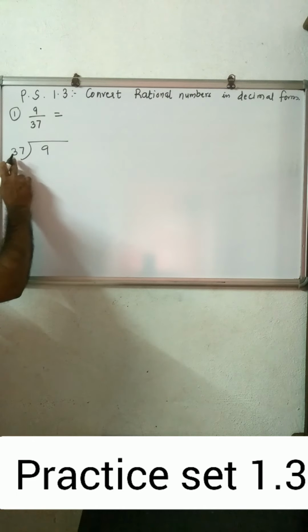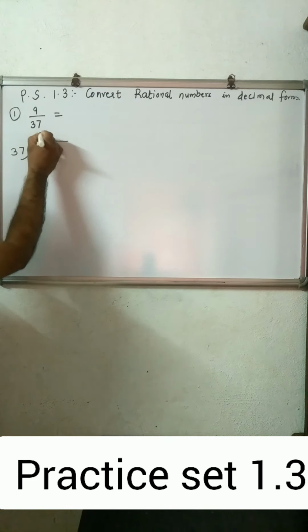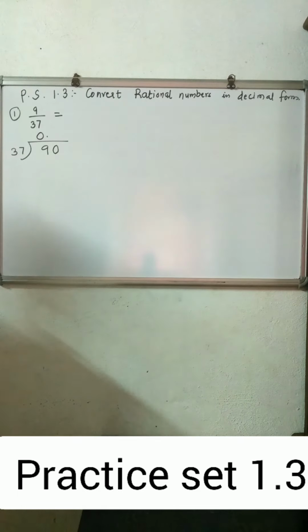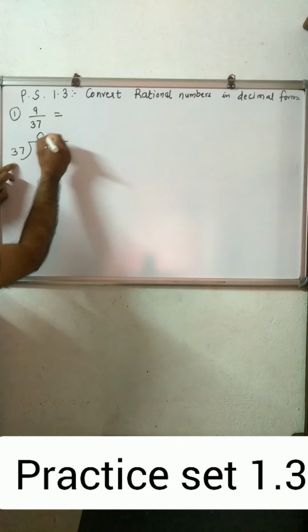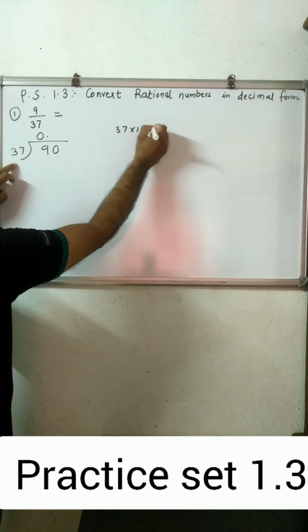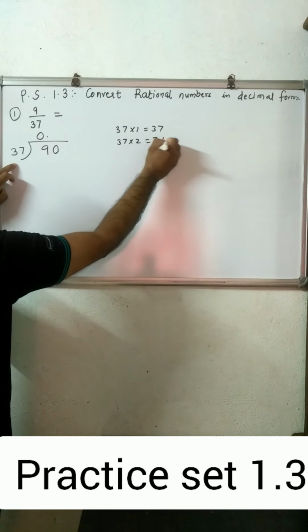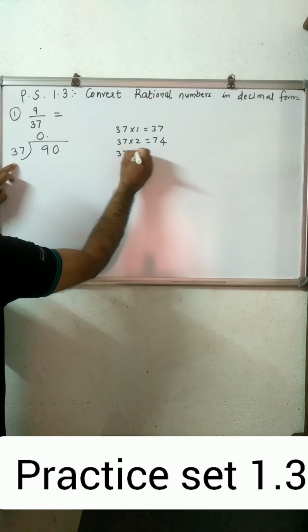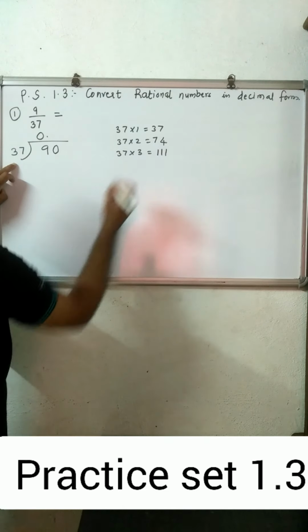So 9 is not divisible by 37. So take one 0 and put a decimal point. 0 point. Now 37 1s are 37, 37 2s are 74, 37 3s are 111.